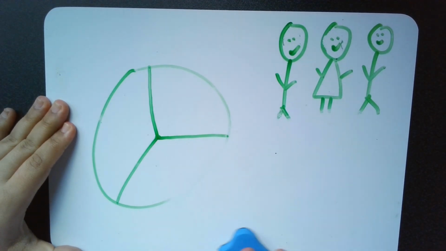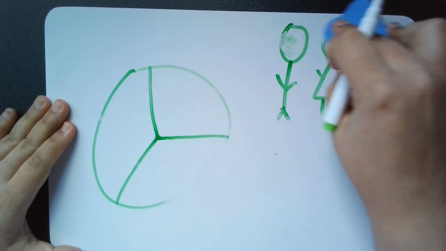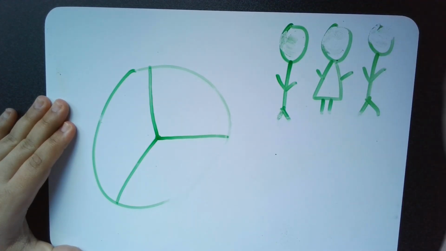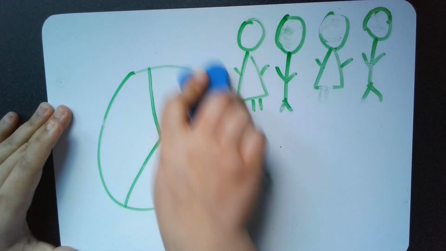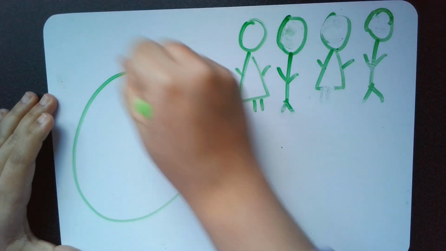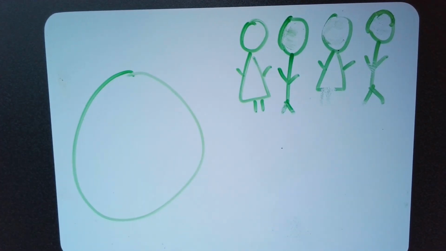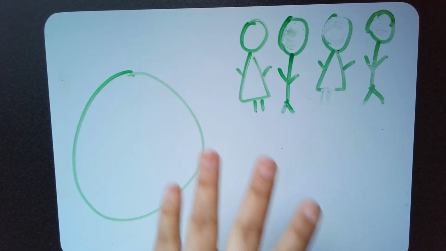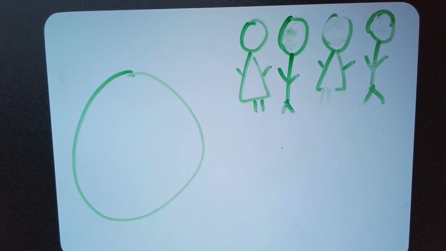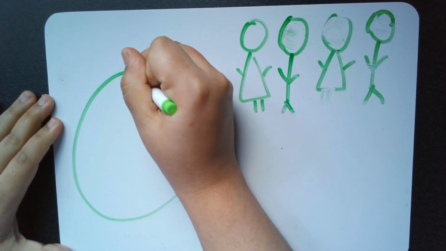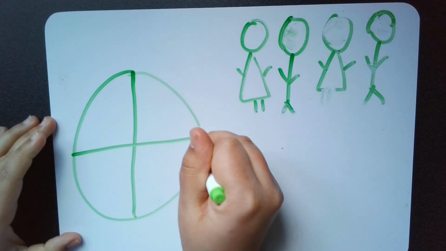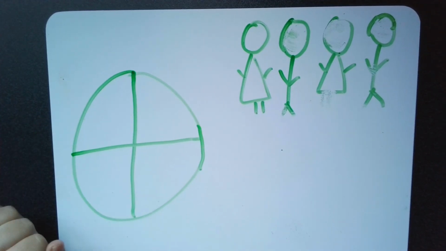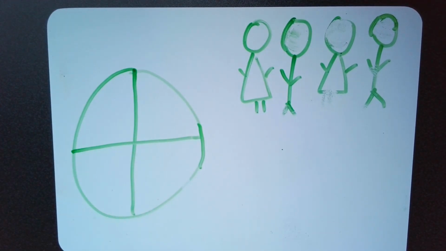But I'm going to change it again because they've decided that they're going to bring another friend. Now we've got four people. Well, actually you can kind of guess what I'm going to do. I've got four people, so I need four equal parts. And the way I'm going to do that is I'm going to divide my pizza into half. That's two equal parts. Then just divide it into half again. Now I've got 1, 2, 3, 4 equal parts.